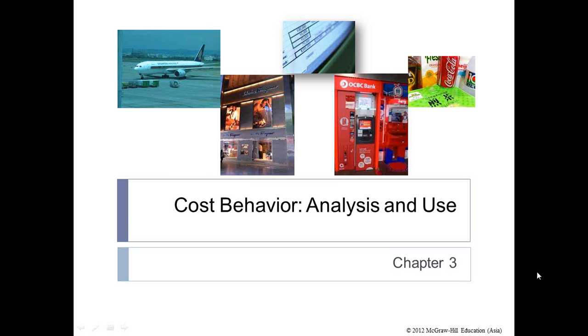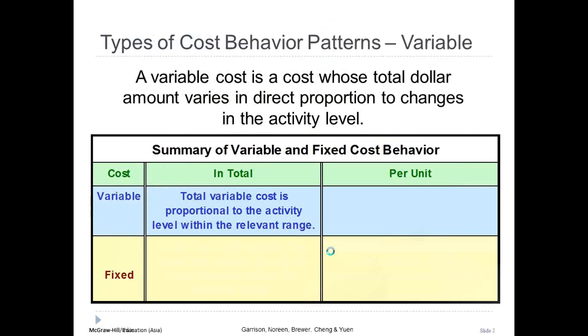Okay, so what does this mean? Look at the chart here on the next slide. Total variable cost is proportional to the activity level within the relevant range.